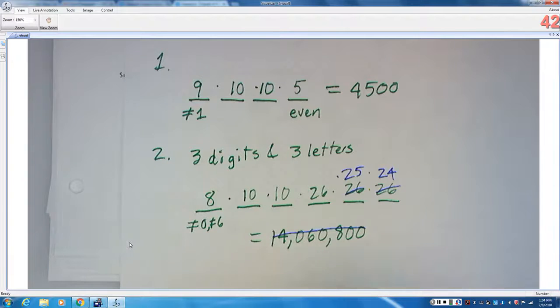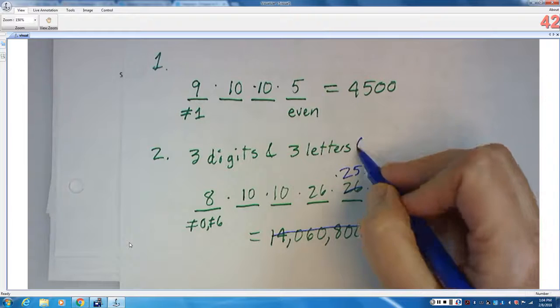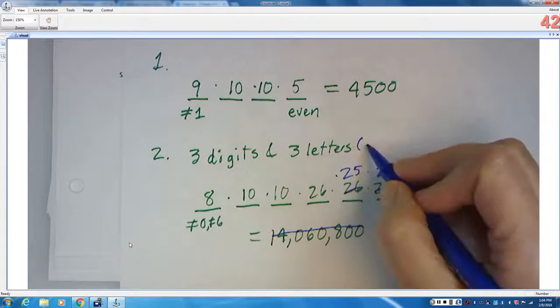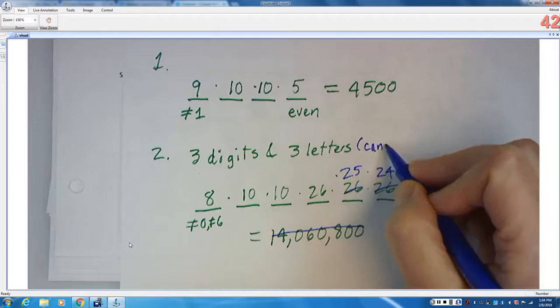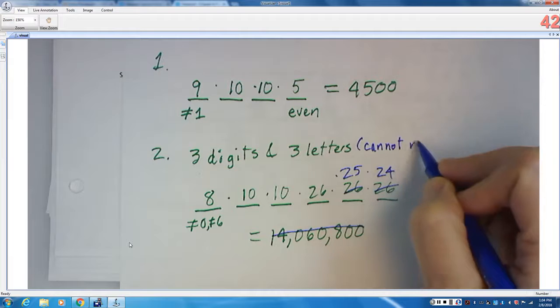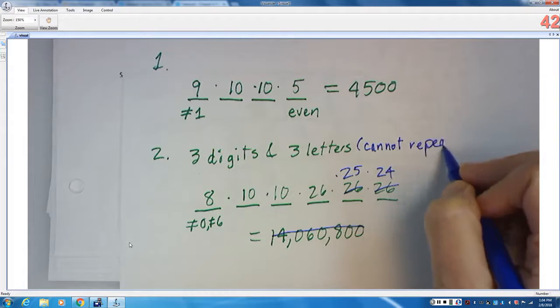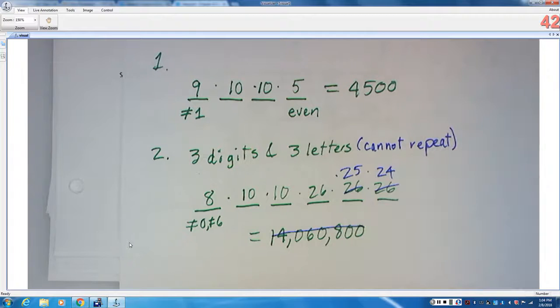It said the digits can repeat, but the letters cannot repeat. And I missed that when I read that, so it's important to read the questions carefully.